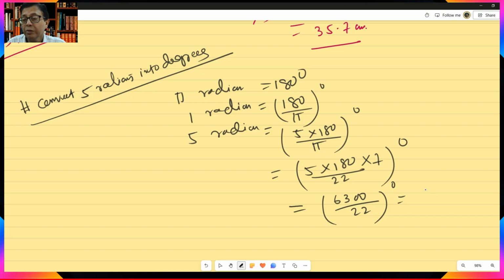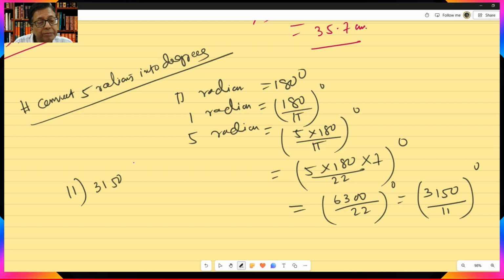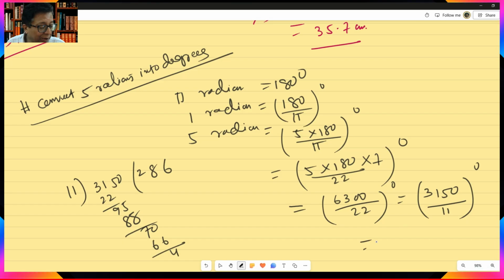Divide by 2: 3150 divided by 11 degrees. Now go on dividing in this manner. So this you can write as 286 degrees plus 4 by 11 degrees.